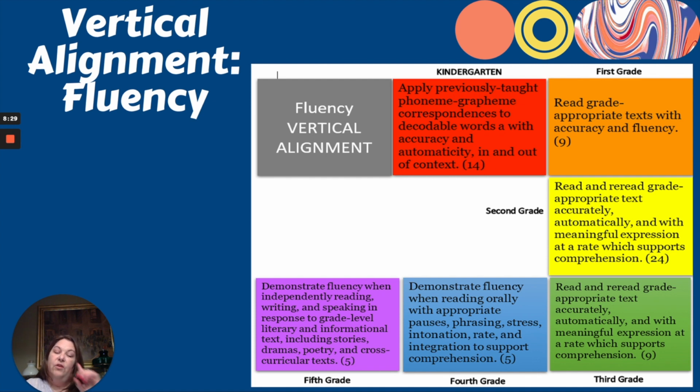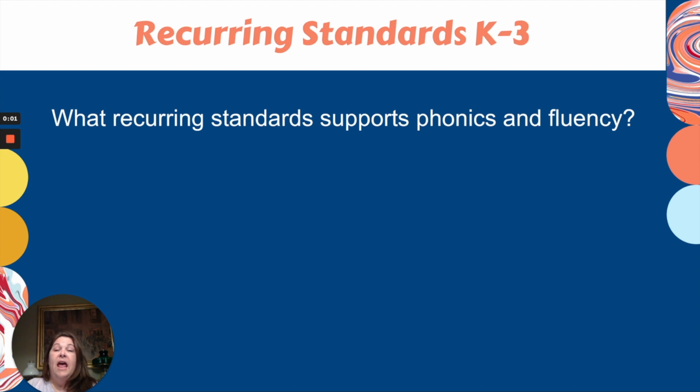And what would fluency look like for 3rd grade and above? Those are some important questions that we can answer, and the standards will tell us how. Now looking at recurring standards K3, what recurring standard supports phonics and fluency?